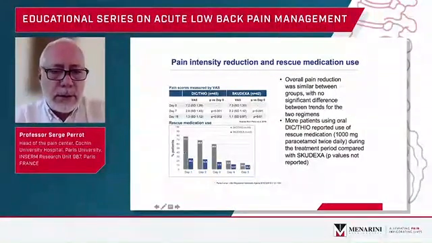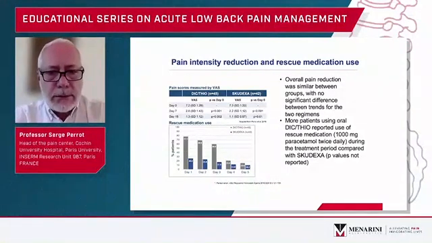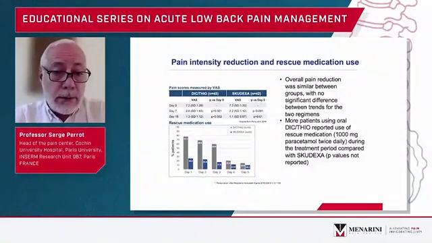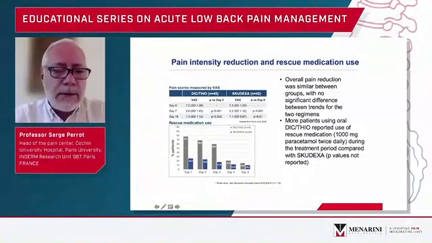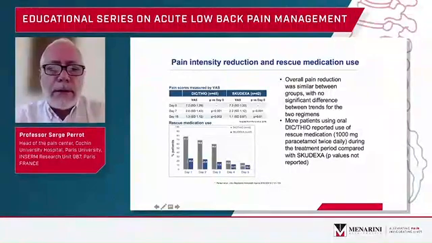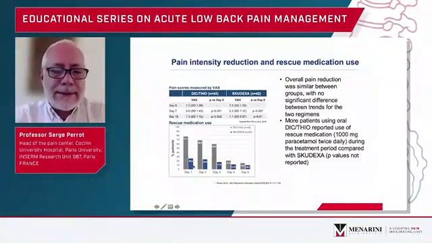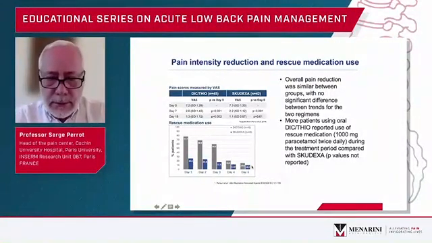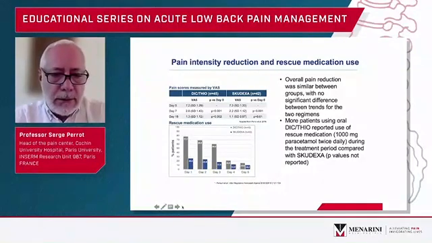But when you look at the rescue medication, in the group of diclofenac and thiocolchicoside there was an important use of rescue medication, that is paracetamol twice daily, compared to the group of Scudexa, where the use of rescue medication was less than a third of the patients at any day of the study.